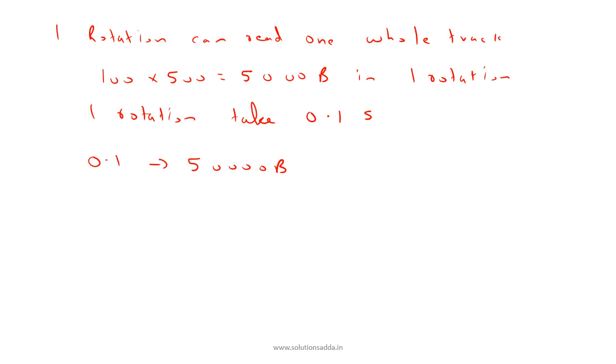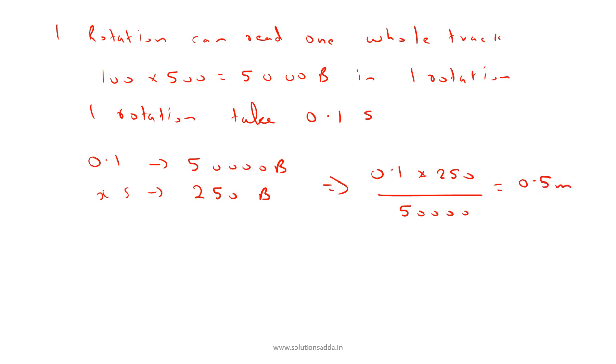So to read 250 bytes, how many seconds do we need? That is x seconds we require for 250 bytes. This is equal to 0.1 into 250 divided by 50,000, which is equal to 0.5 millisecond.